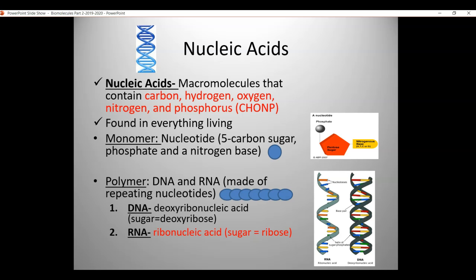All right. Monomer, again, is one part, is a nucleotide. This is an example of a nucleotide right here. It consists of a 5-carbon sugar, in the shape of a pentagon, so a 5-sided sugar, a phosphate, and one of 4 nitrogenous bases.